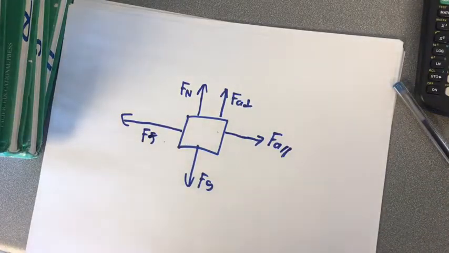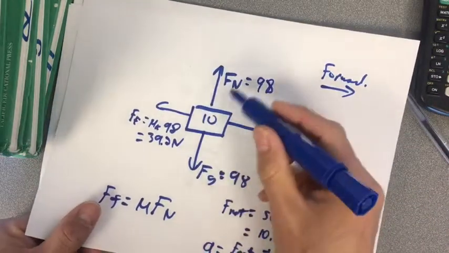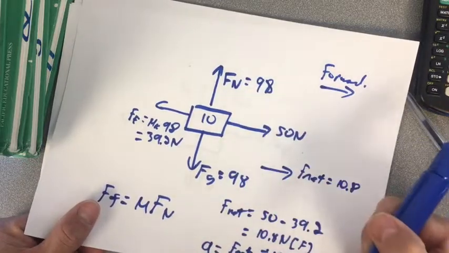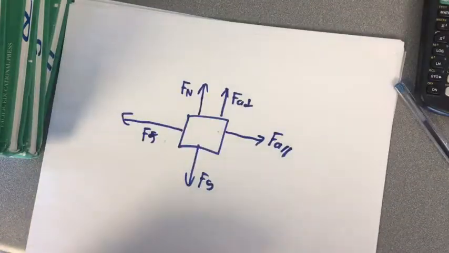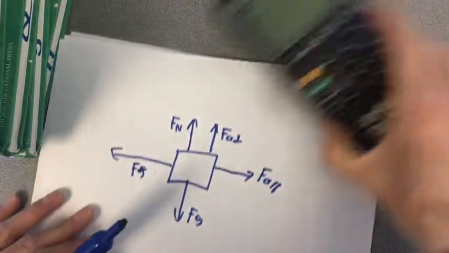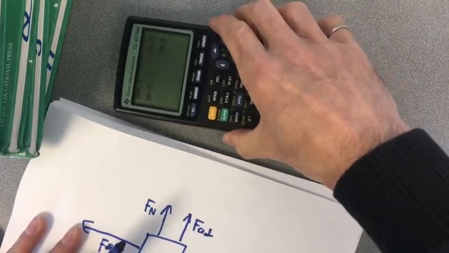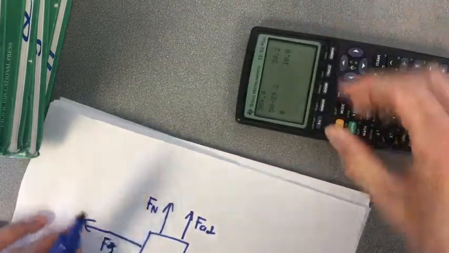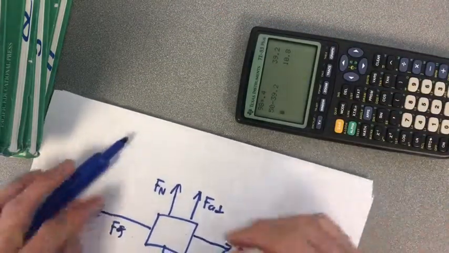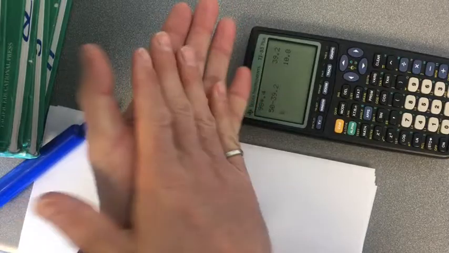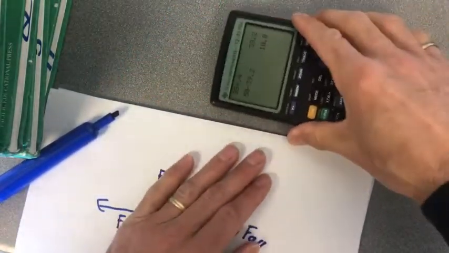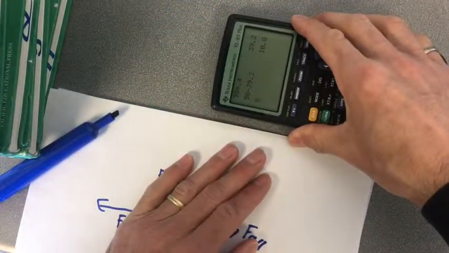Now, in the previous example, the only vertical forces were gravity and the normal force, so they were equal to each other. However, if I'm sliding my calculator along and I pull upward as I slide it, I've reduced the normal force. The normal force is how much squeeze there is between the surface and the object that's sitting on the surface.